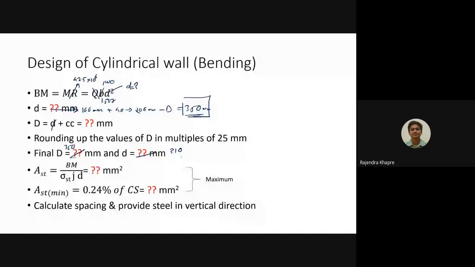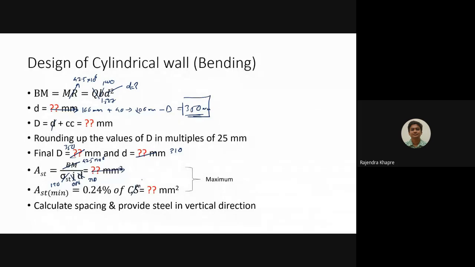For AST calculation, the bending moment I am keeping the same, that is 42.5 into 10 to the power 6. Sigma ST is 130. How much will be the value of J? J value कितना होता है बेटा? 0.86. Give me the AST value and also the AST minimum value.